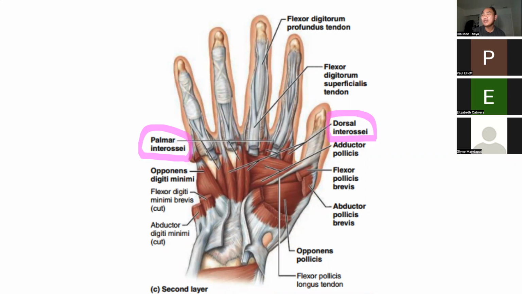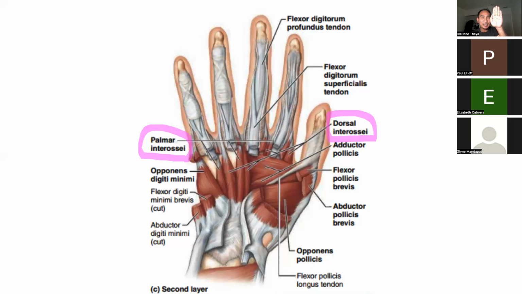So now we know the interossei muscles in our hand. There are two interossei muscles, dorsal interossei and palmar interossei. Palmar interossei are PAD, adduction of the fingers.